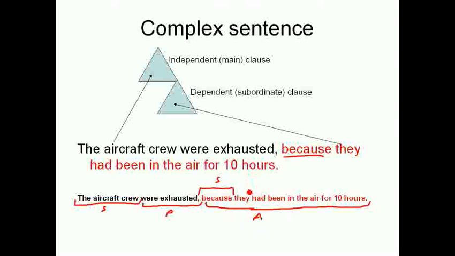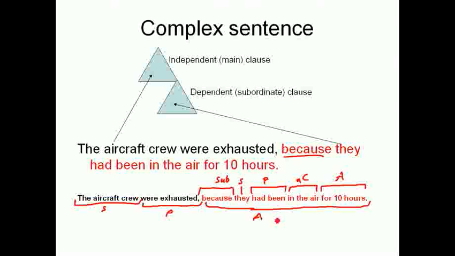And then what you can do is you could analyze the adverbial furthermore. And in this adverbial you have this here is the subordinator, and within this adverbial you have the subject, and this is the predicator, had been, and it's in the air for 10 hours.